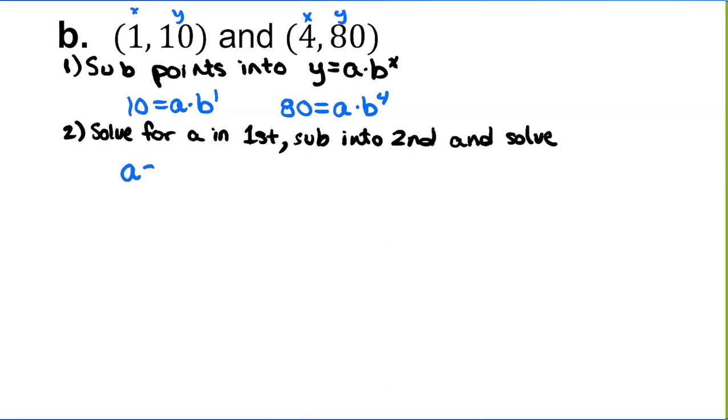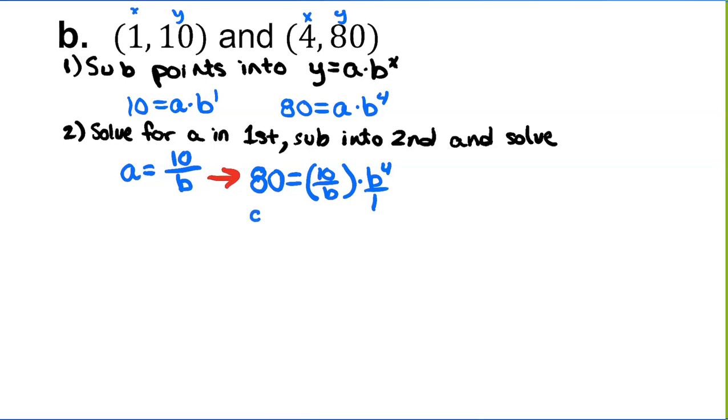So you'll have a equals 10 over b. In this case, it's b to the first. I think on one of your homework ones, it's b to the negative 1. So when you sub that into your second equation, you'll have 80 equals 10 over b times b to the 4th. And then to Josh's last question, it's really b to the 4th over 1, so that's why we multiply straight across.